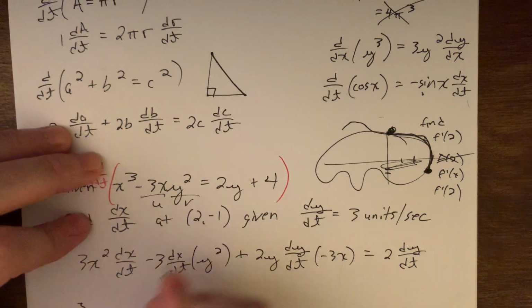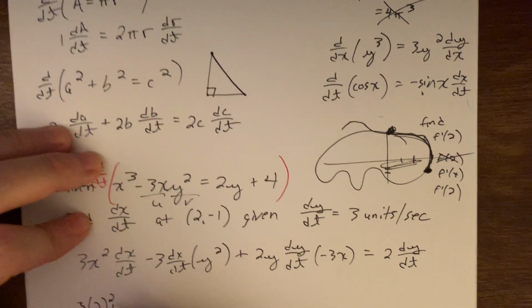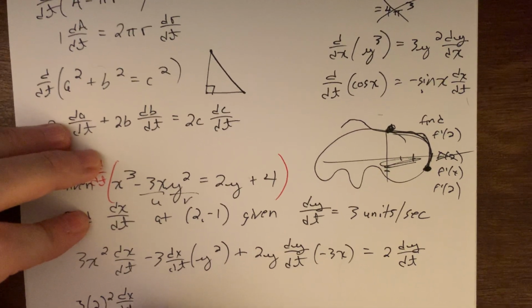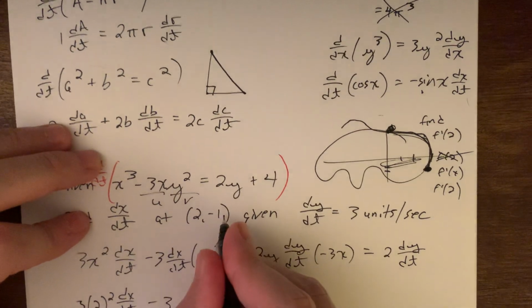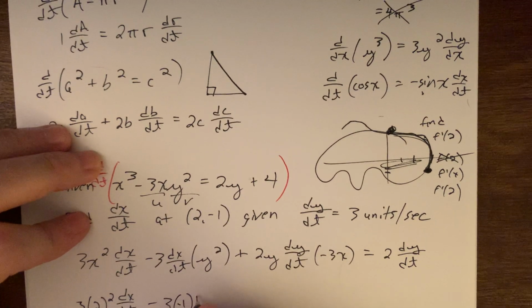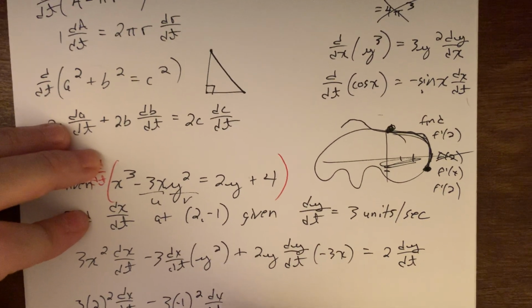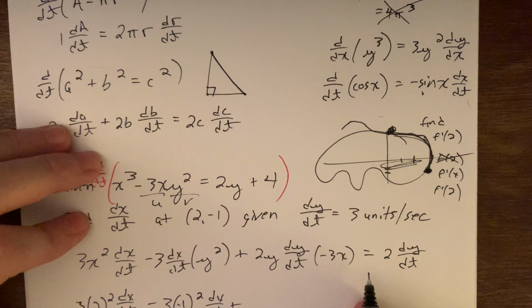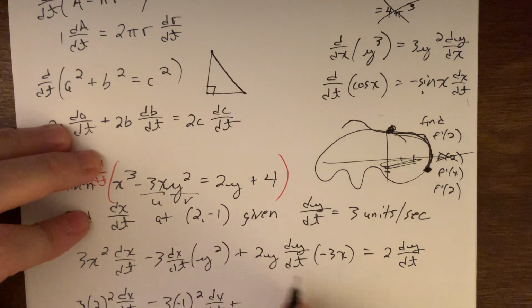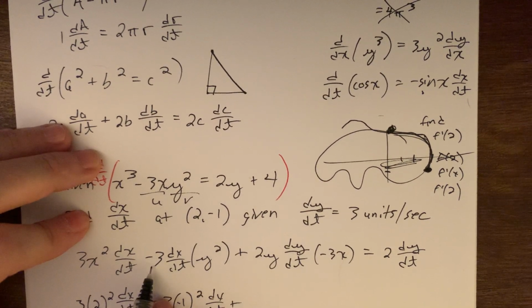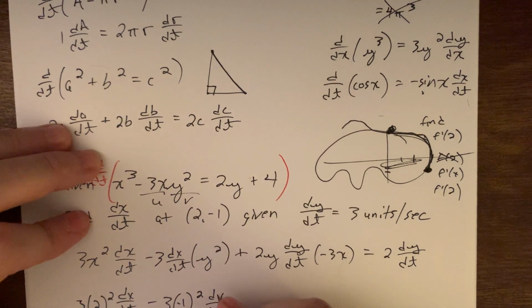Let's get 3, x is 2, so 3 times 2 squared times dx/dt, minus 3y squared times dx/dt. Maybe you want to clean up your work a little bit here. That's your choice. I just threw the y squared up front, but really it doesn't matter.